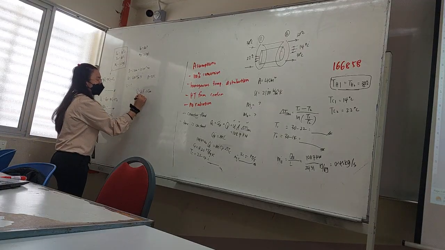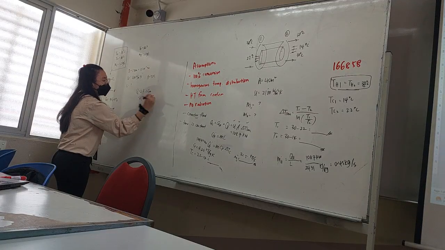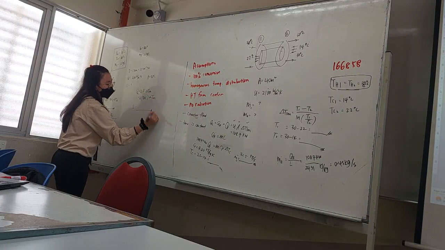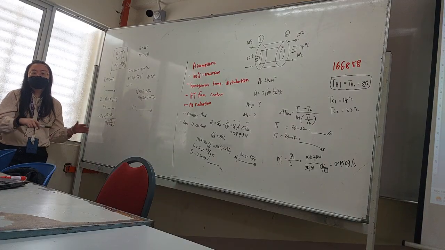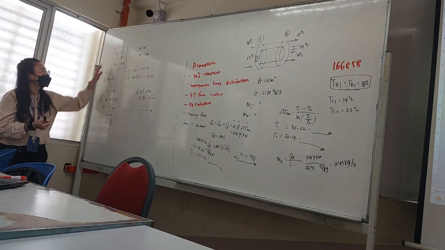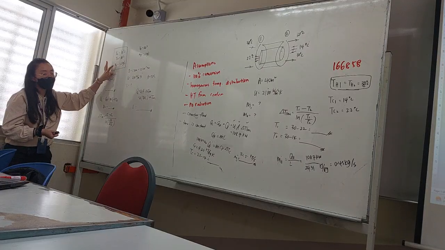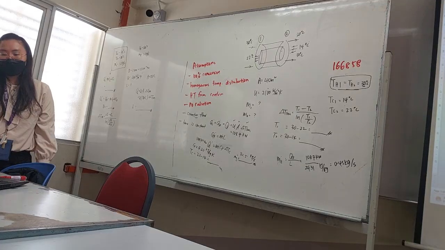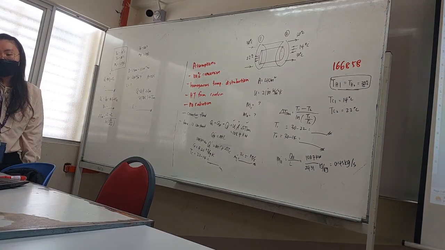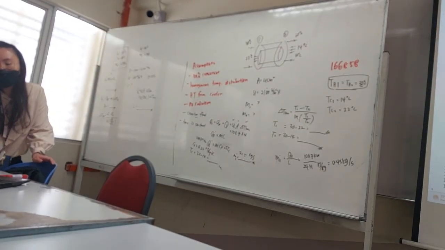Qc equals U pi dL delta log mean. So you get your L. You get all this information because the mass flow rate is known. Then you need to know the Cp value, which you find from the property table.